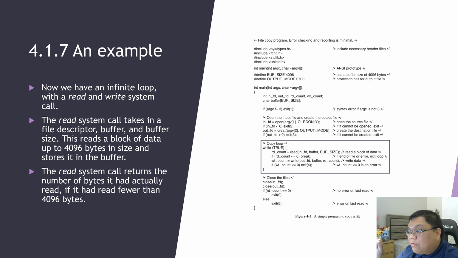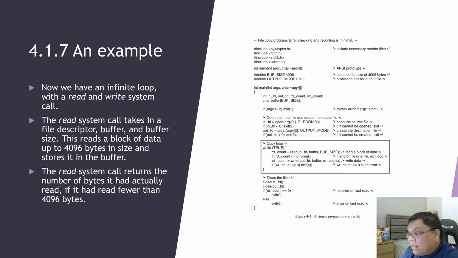When we write to our output file, we also must specify the number of bytes to write. I'm mixing up bits and bytes today. So when we call write, we specify our output file using our file descriptor, we pass in our buffer, and we pass in the number of bytes to write. Write also returns the number of bytes it had actually written.